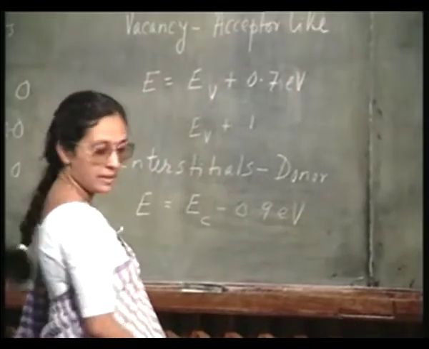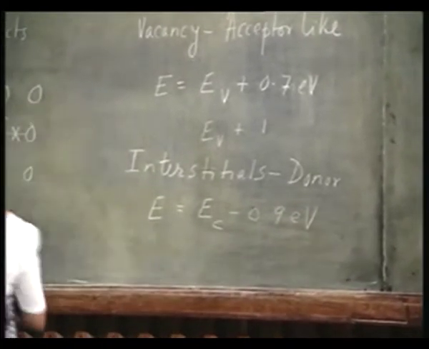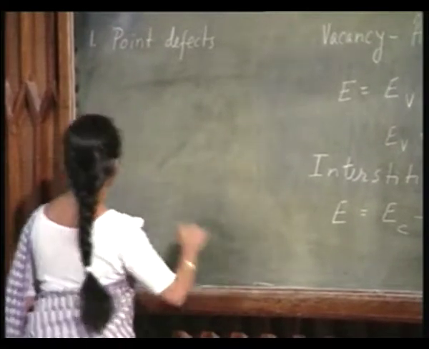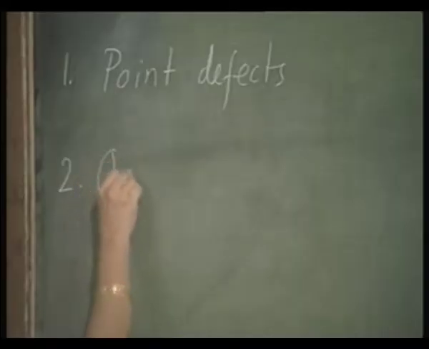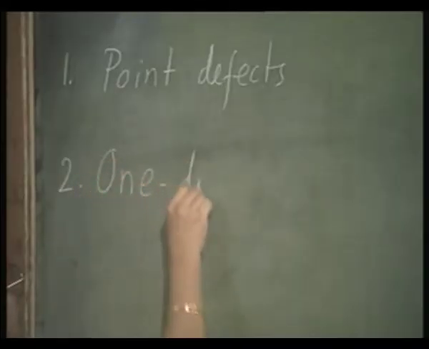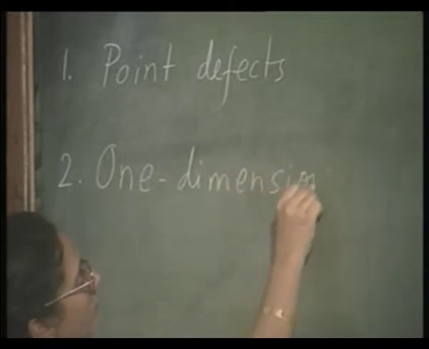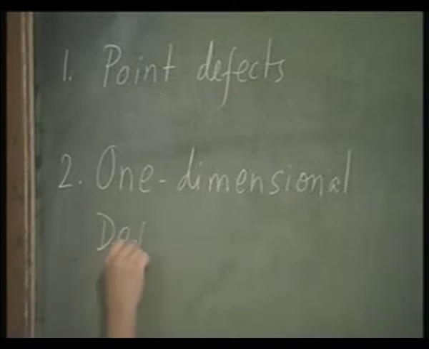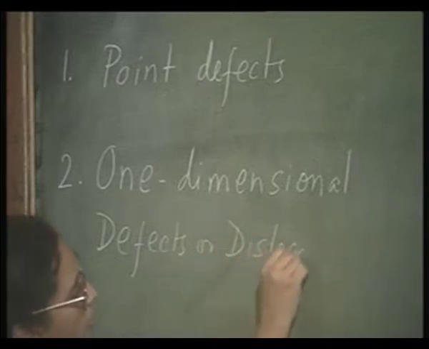Then the second type of defects are called dislocations.